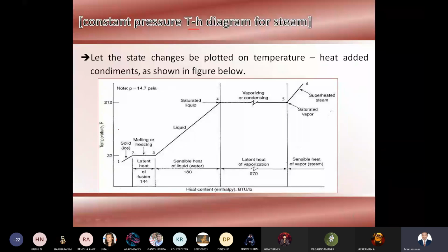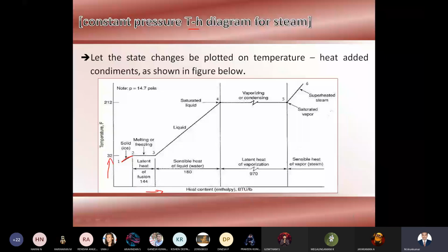Enthalpy means heat content. If you keep on adding heat, we can get this heat content. For example, the heat content should increase. From point 1 to 2, this is the ice state, and there will be an increased heat content.